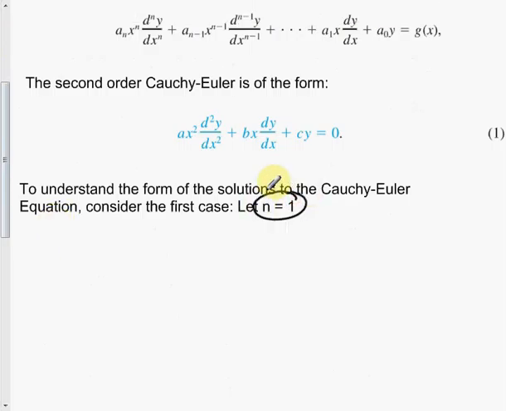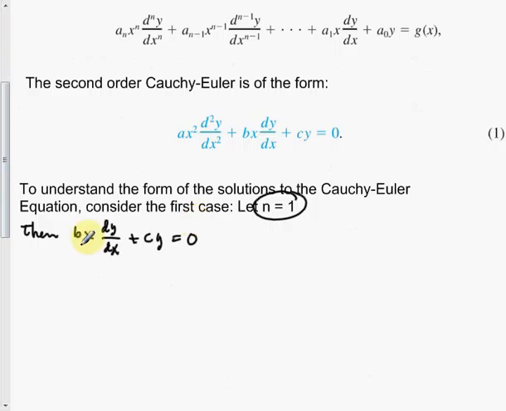So if n is equal to 1, we're talking about this n for the nth order, then I don't have any second order, third order, so we have b times x times dy over dx plus c times y is equal to 0.